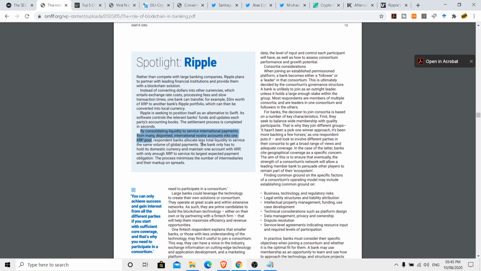Now, yes, we haven't reached that utility phase yet. The bank only has to hold its domestic currency and maintain one account with XRP, with only enough XRP to service its largest expected payment obligation. So that is the other side of this. When we say the XRP pool, what is a bank looking at? A transaction. For example, when they look at their transactions, you have a 5 million worth transaction as the example.